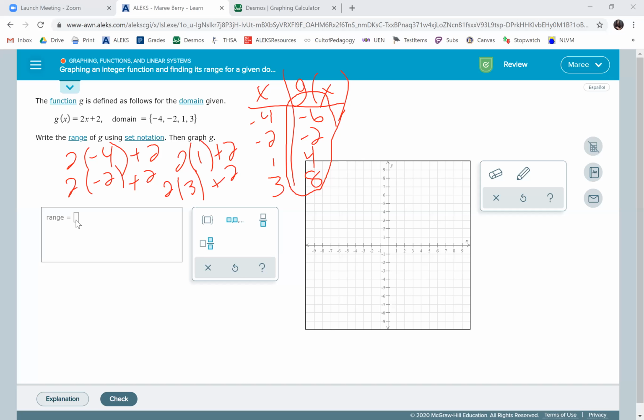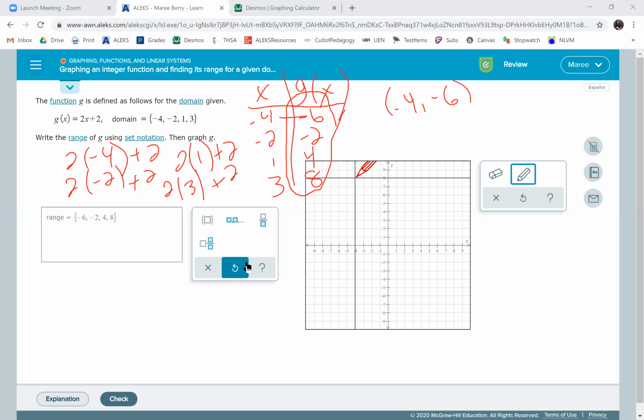That's what we're going to put here in this box. We have -6, -2, 4, and 8.